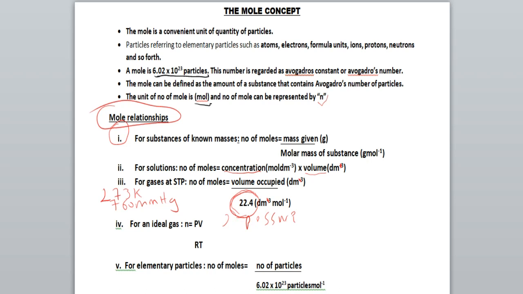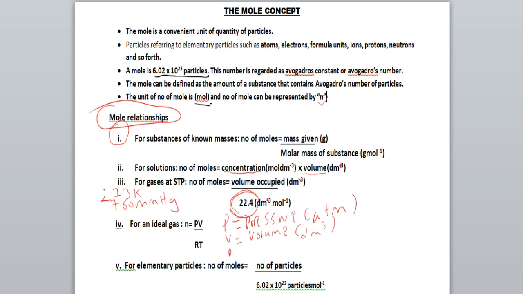Now our pressure is measured in atm, while our V is our volume measured in dm cube as always.